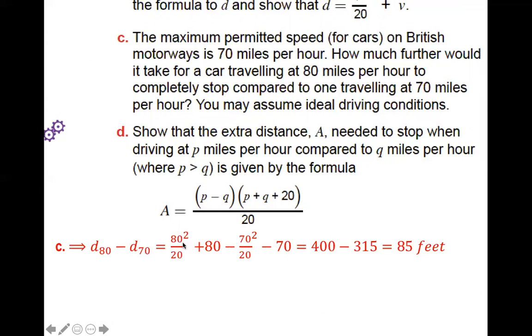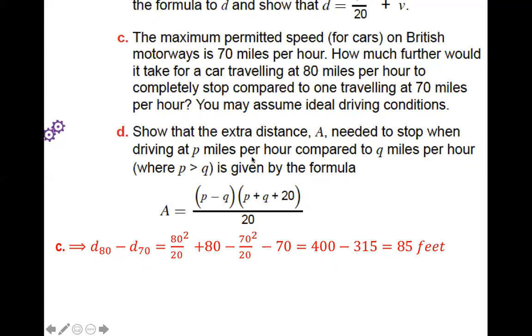So we've got 80 squared divided by 20 plus 80, minus 70 squared divided by 20 plus 70. You plug that in your calculator and you end up with 85 feet. So if you travel at an extra 10 miles per hour, you will have an extra 85 feet of distance when you press your brakes.